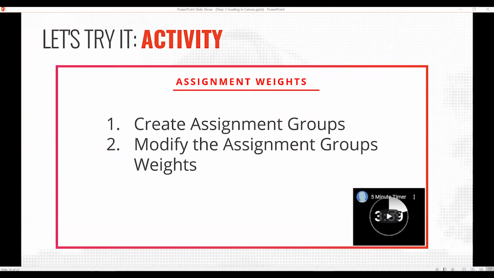Just let me know in the chat whether you would like to practice creating your assignment groups, or if you're just watching, also let me know in the chat. I'm going to play this timer. It's about 5 minutes. If you're just watching, just let me know. We can move things faster. Again, I need more than 50% to let me know you're just watching to be able for me to move ahead.